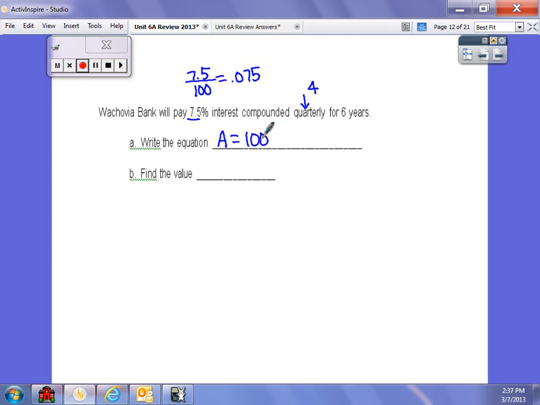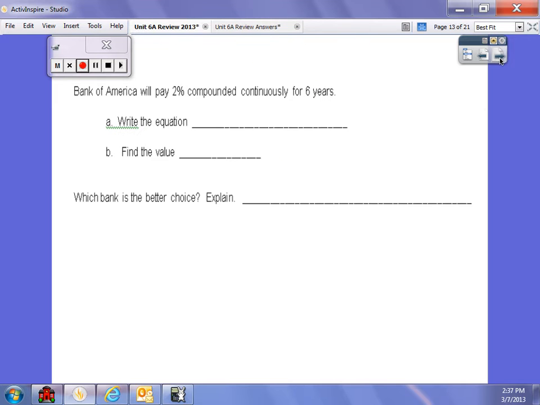So we have 1,000, 1 plus 0.075 divided by the quarterly, all raised to the 4 times 6 power. And that's $1,561.79.